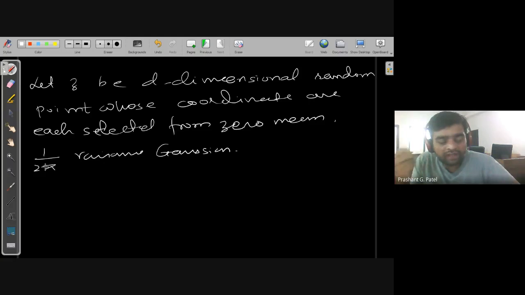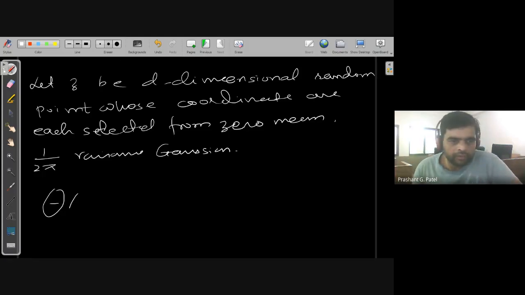So by the law of large numbers, the square distance of z to the origin will be concentrated with high probability. In particular, there is a vanishingly small probability that the random point z lies in the unit ball, and this implies that the integral of the probability density over the unit ball must be vanishingly small.